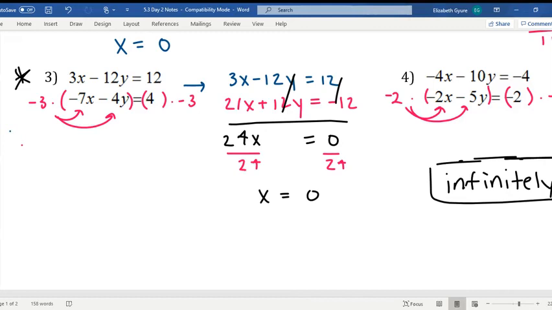All right, so we have x equals 0. Can somebody tell me, now that I know x, what am I going to do with this x to find y? Do I want to plug into where there's y's?